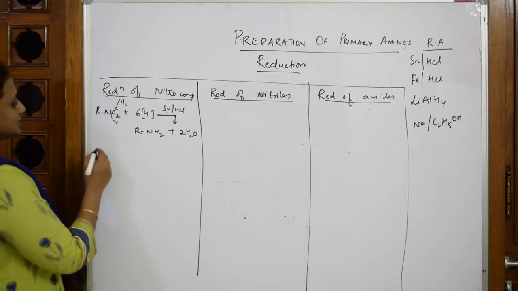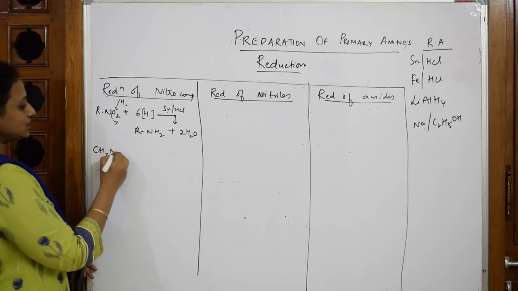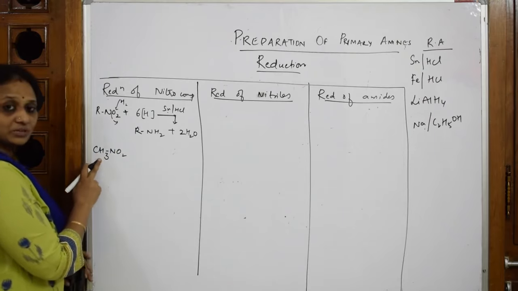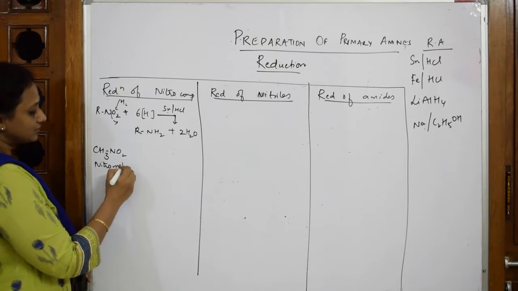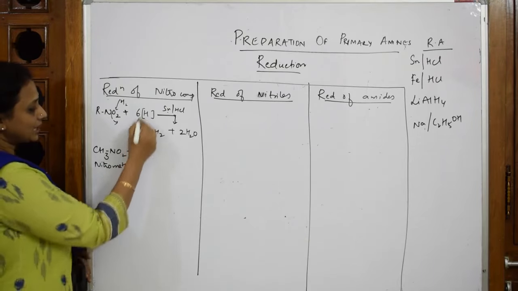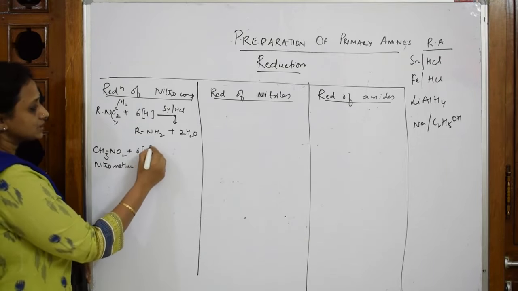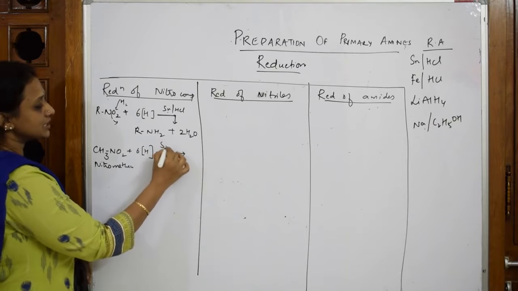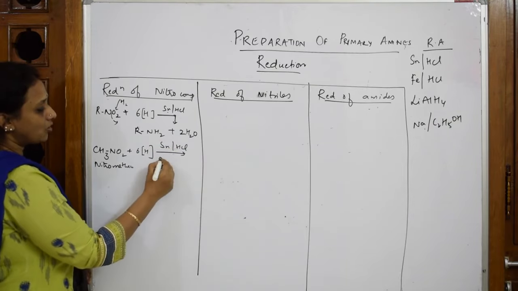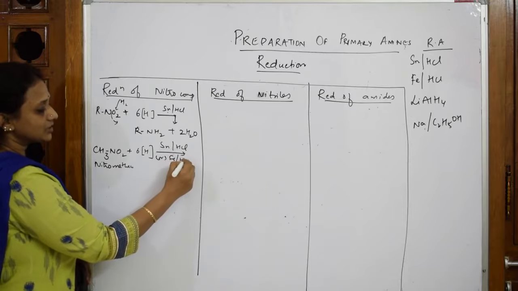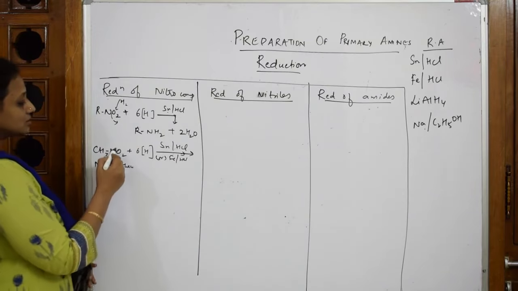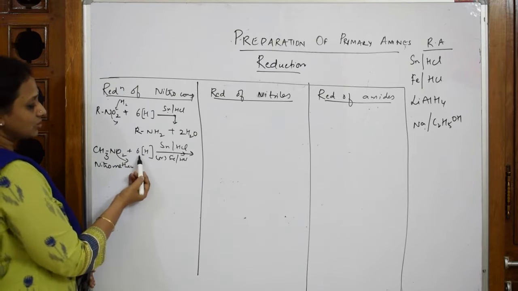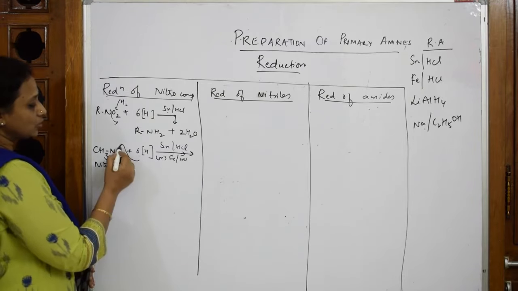So let us write with a general example. Suppose I take CH3NO2, nitromethane. Again, I am going to add 6 hydrogens. Simple. We are going to take reducing agent Sn/HCl or Fe/HCl. Simple. You have to remember the reducing agents and go to the exam. Now here this oxygen is released out and among 6, 2 will add here.